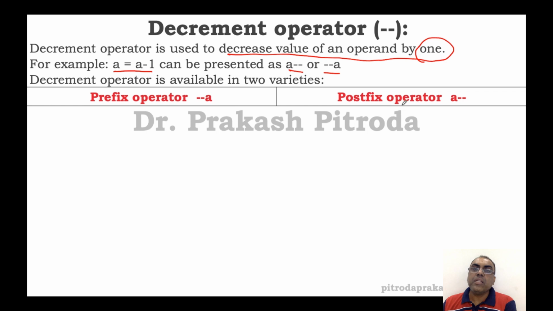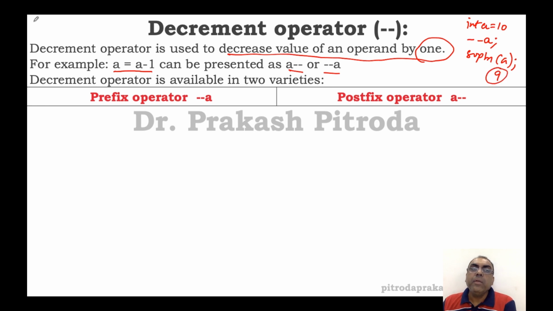Even in this case, if I say int A is equal to 10 and then minus minus A and system.out.println A, the computer has reduced the value of A by 1, so this is going to print 9.